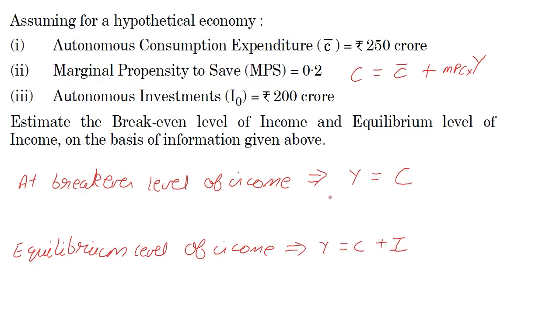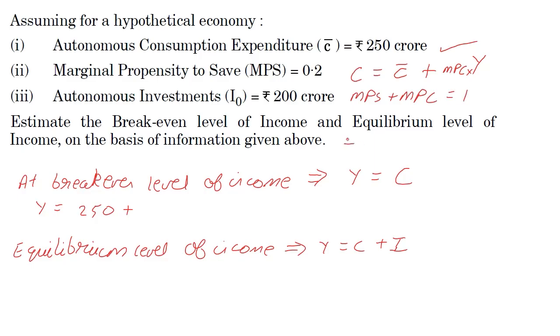That means Y has to be found, and it can be found by substituting into this. So we have C bar as 250. We have marginal propensity to save given to us over here. But remember, marginal propensity to save plus marginal propensity to consume is equal to 1.